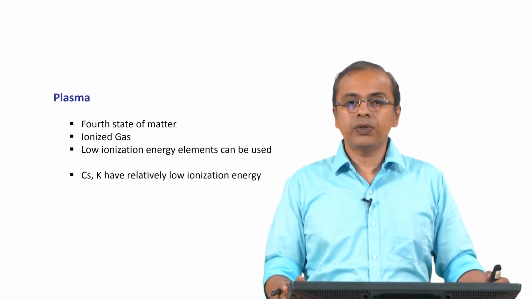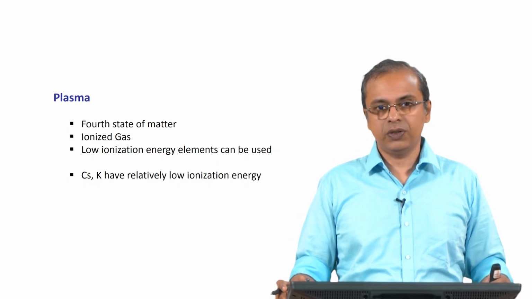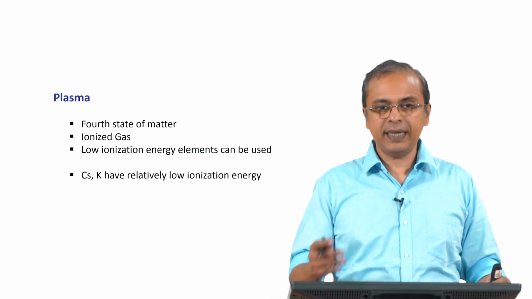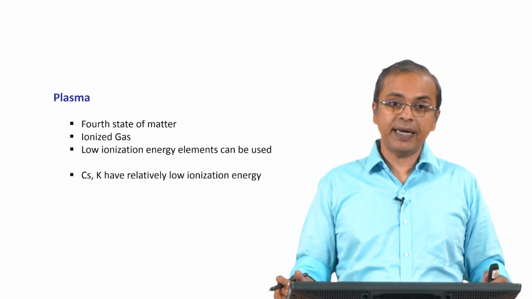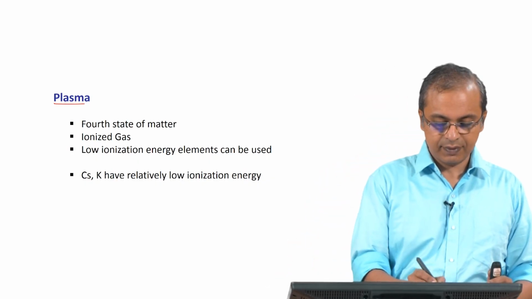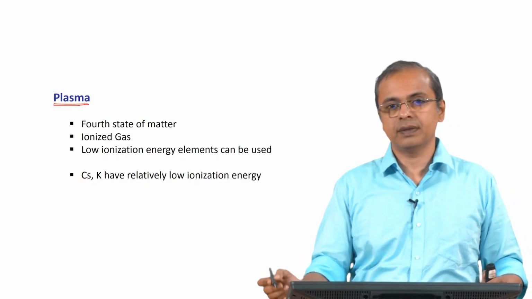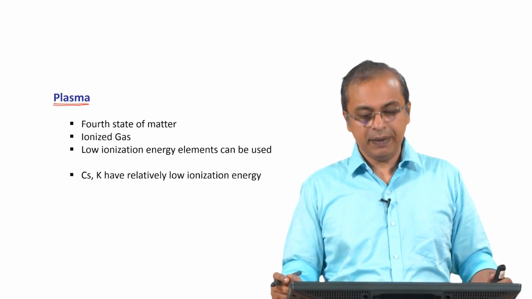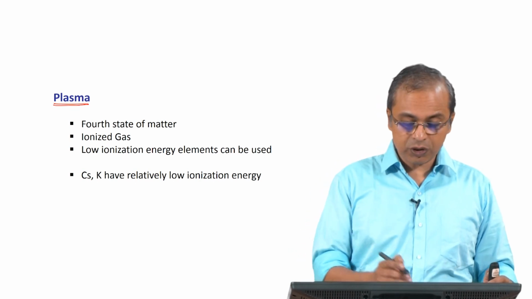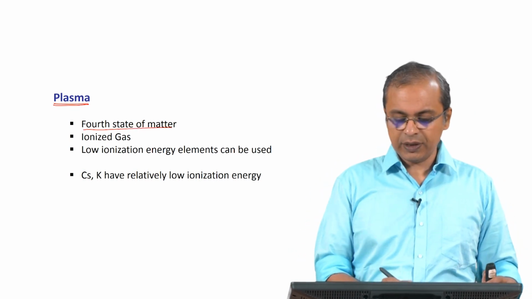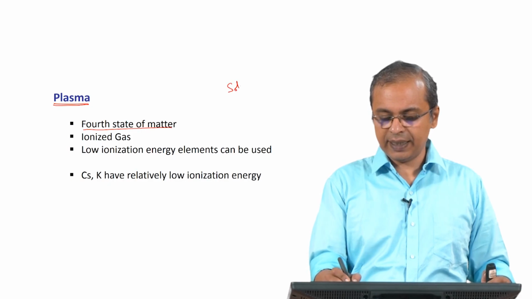Okay. So, to do this process, to operate this magneto-hydrodynamic generator, we actually need to create a plasma. So, what is plasma? Plasma is considered the fourth state of matter. Okay. So, we are more familiar with solid, liquid and gas.